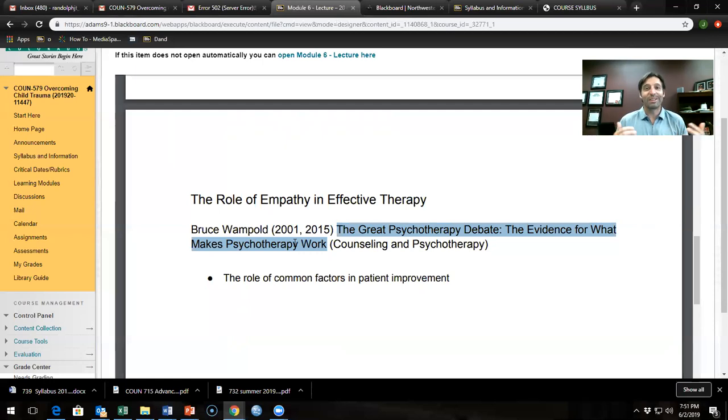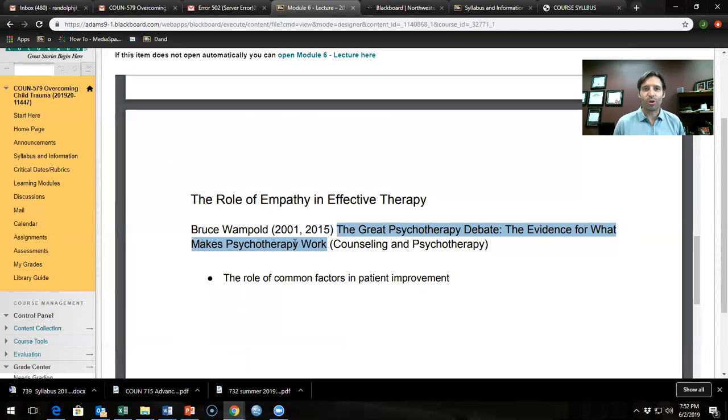And so Wampold really tried to look at all the evidence. You can think about the countless hours of sifting through EBSCO and all these different sources, trying to come up with which therapy is better than others. CBT would say, well, CBT is better. Look at all the scientific evidence behind what we're doing. But what Wampold found was that when you account for common factors, the approaches are pretty even.